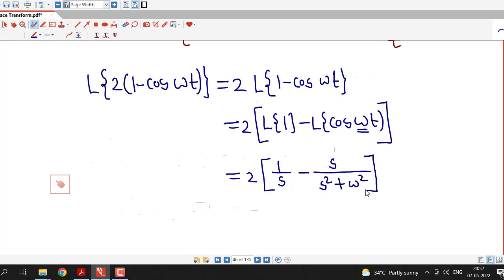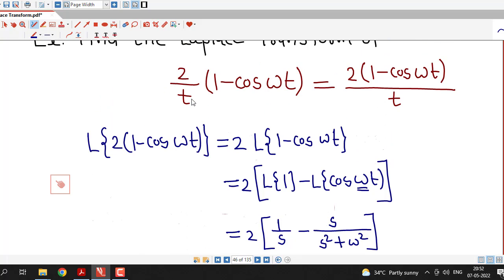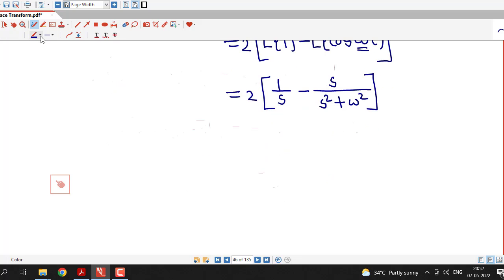So this is Laplace transform of 2 times 1 minus cos omega t, and now we use that formula, division by t.